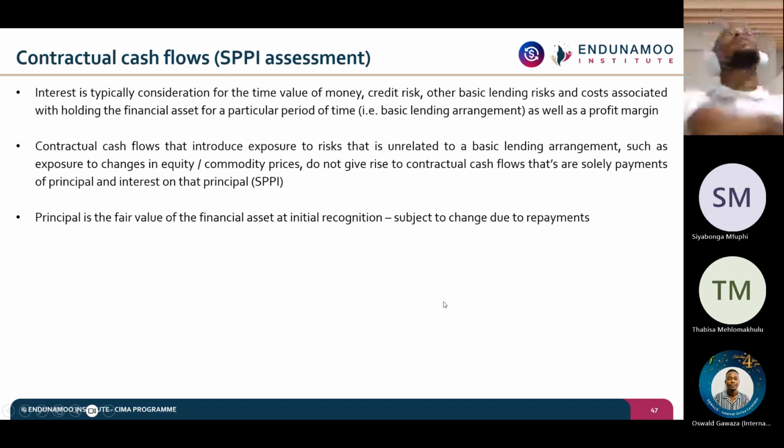Okay, we've been talking about contractual cash flows so far, where we're saying in a business model where an entity is holding financial assets to collect contractual cash flows, and we've thrown the term around. But what are we talking about when we talk about contractual cash flows? Think of yourselves when you take out, say, a loan with the bank.